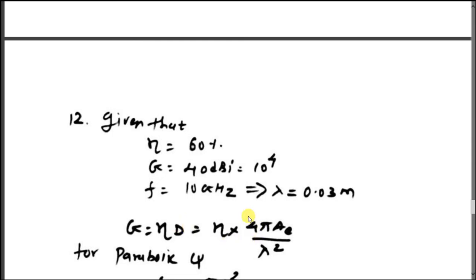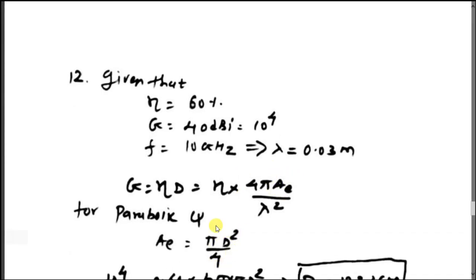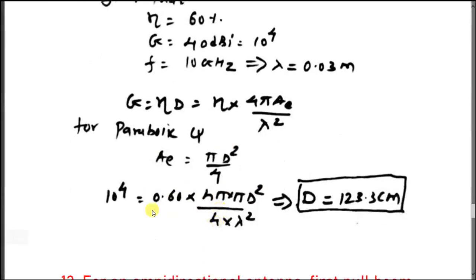So the equation of the directivity is 4 pi AE by lambda square, where A is the effective aperture. For a parabolic antenna, effective aperture is equal to pi d square by 4, where d is the diameter. So put this value of A in this equation. Gain is 40 dBi, so 10 to the power 4, in real number.